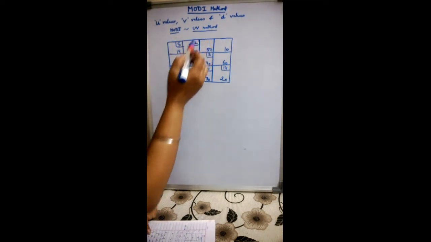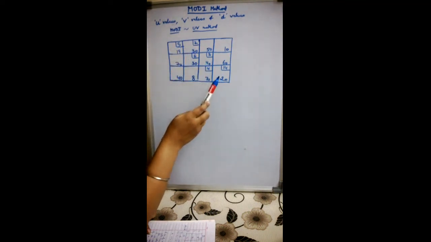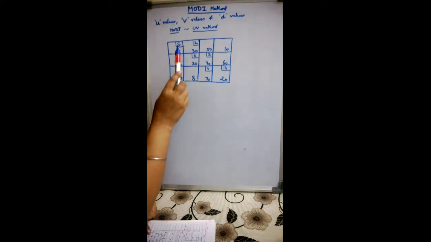That is why this method is also known as the UV method. To explain how to find the u values, v values and d values for a transportation problem for which we have found the initial solution, I have again taken the same example with the initial solution, just to explain the concept of u, v and d values.